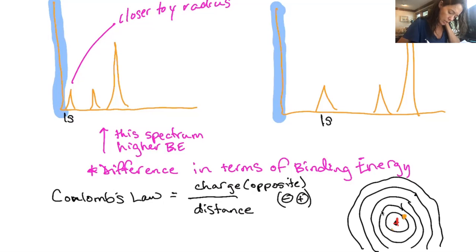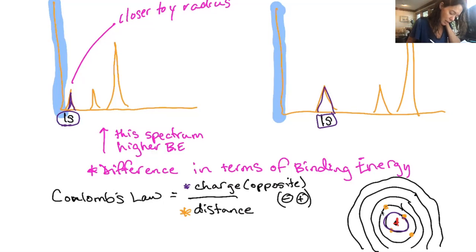So we talked about distance in the last video. What I'm talking about now has more to do with charge, because we are discussing energy levels that are the same. We are comparing the first energy level's binding energy here with the first energy level's binding energy here.